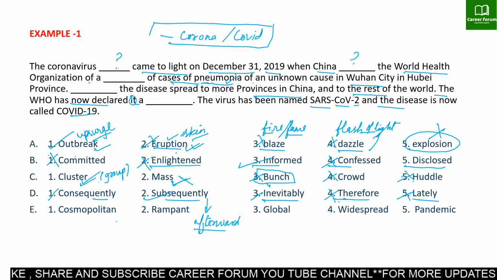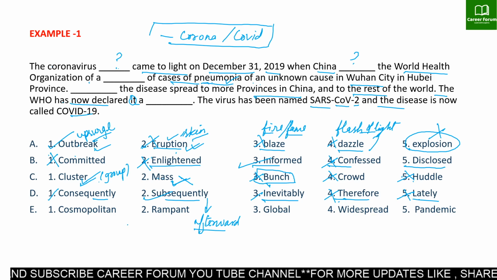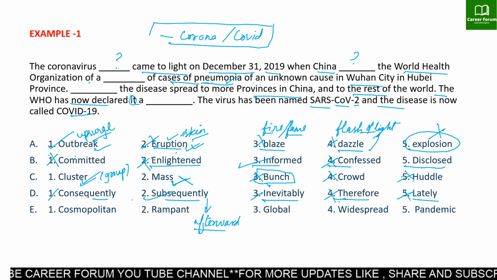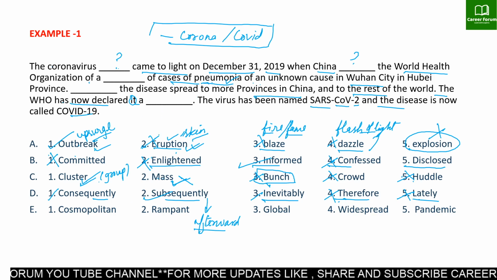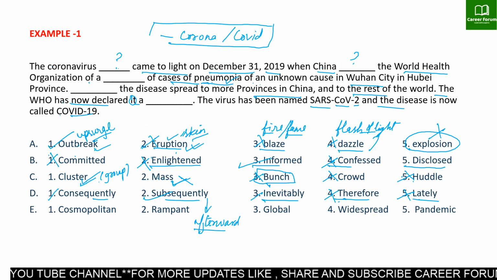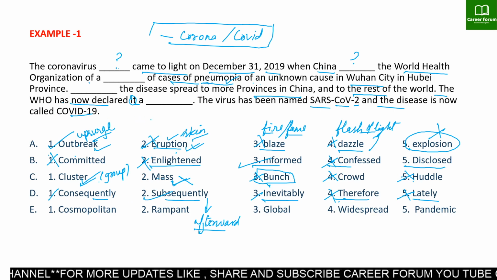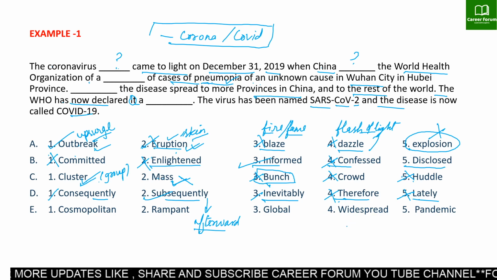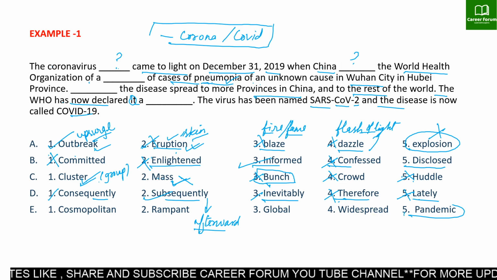Epidemic means the occurrence of an infectious disease which is typically widespread. So the widespread of this particular disease has made WHO declare it a what? Epidemic. And the word related to epidemic here is the fifth option, pandemic. So the correct option is pandemic.